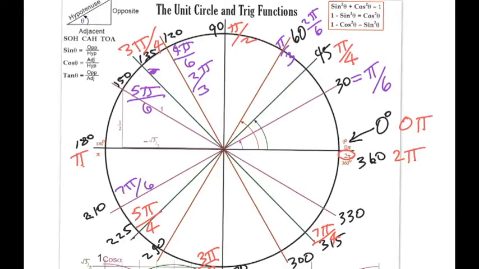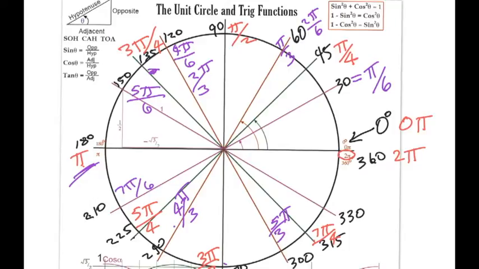Now we're going back to our thirds. At 180 is 3/3, so now we go to the 240, and it is going to be 4 over 3 pi, 4/3 pi. 300 then is 60 degrees past the 1.5, so instead of being 1 3/6, it's 1 4/6, which is going to make it 5/3 pi.